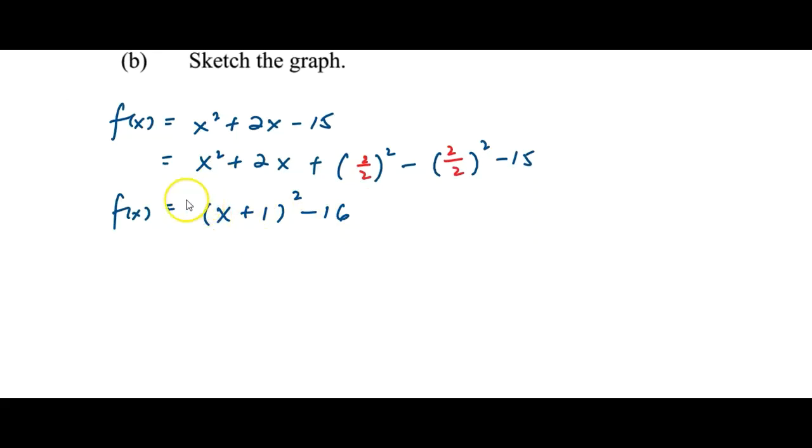Since the coefficient of this squared factor is positive 1, we have a minimum point. The minimum point is given by reversing the sign of 1, you get negative 1 as the x coordinate of the minimum point, and negative 16 will be the y coordinate of your minimum point.